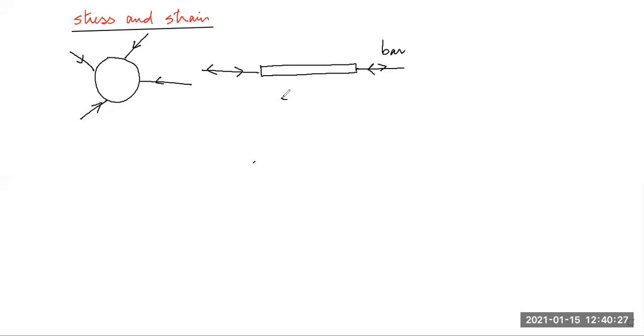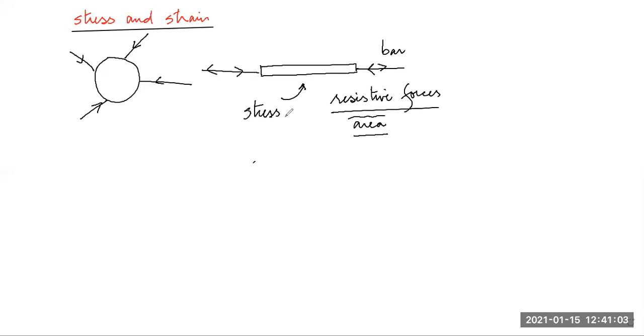There is an internal mechanism in the body which tries to resist the change in the dimensions of the body. Those internal resistive forces per unit area, the area on which the resistive forces exert, that is known as stress.